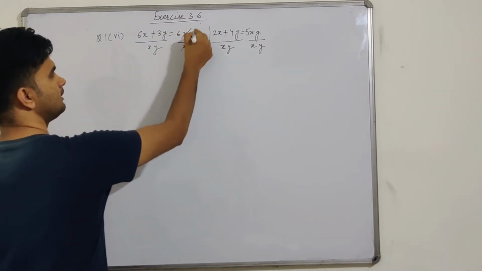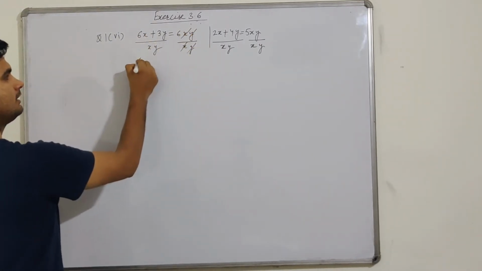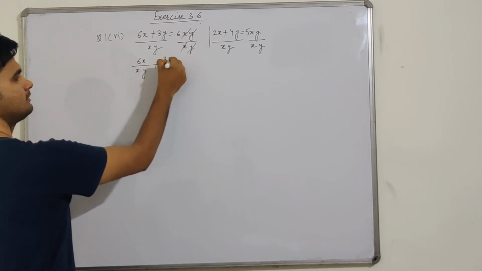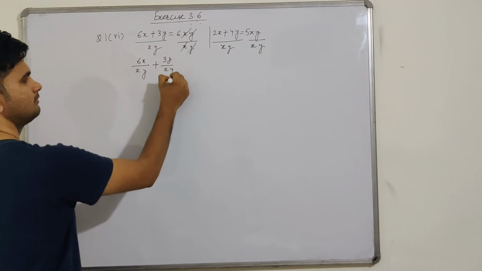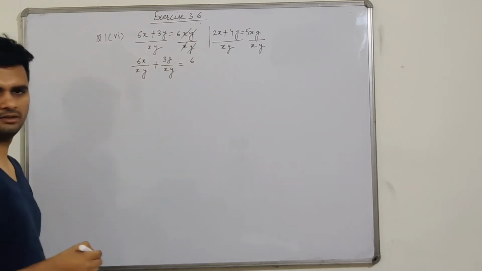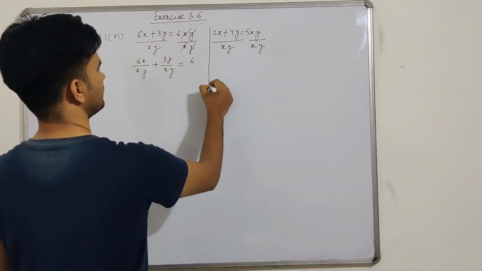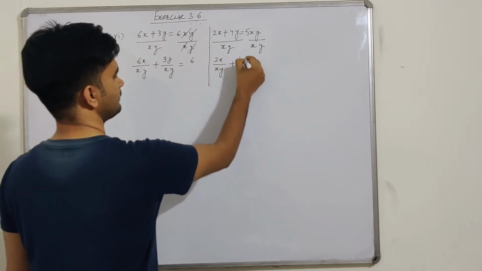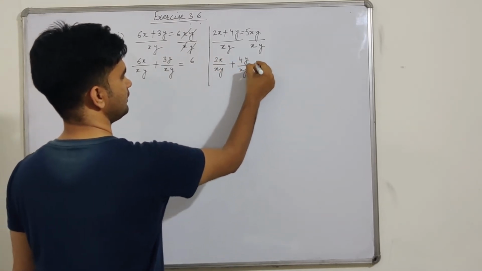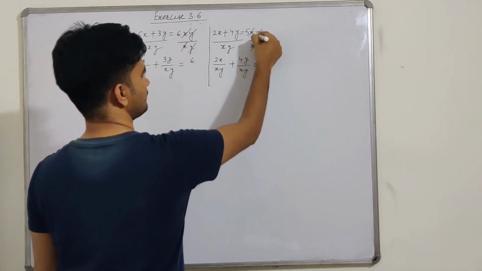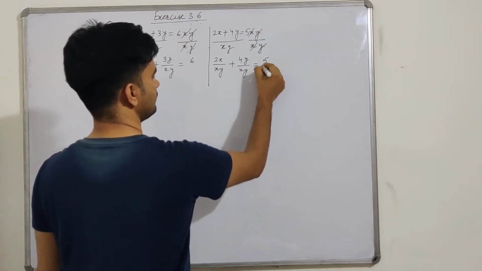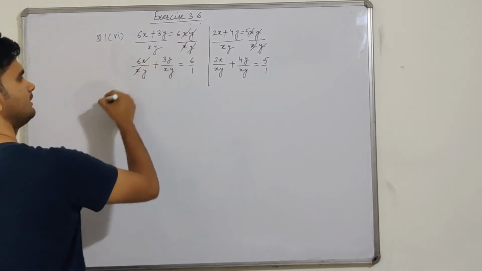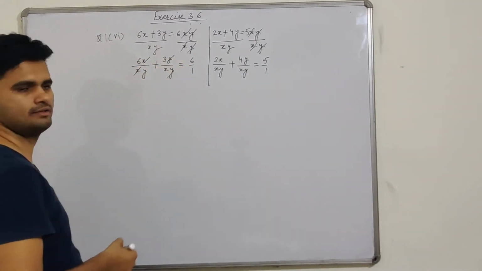Then these xy cancel. Here it will become 6x over xy plus 3y over xy is equal to 6. 2x over xy plus 4y over xy, xy cancel, is equal to 5 by 1. x and x cancel, y and y cancel.